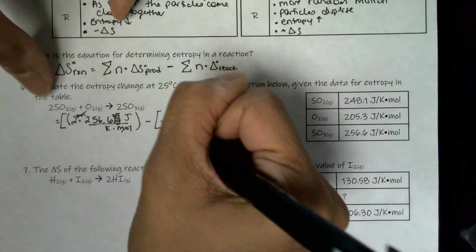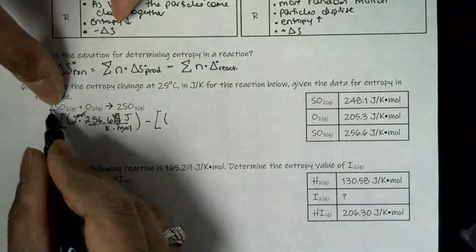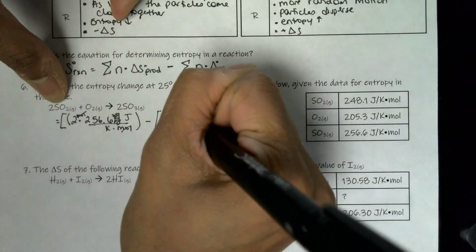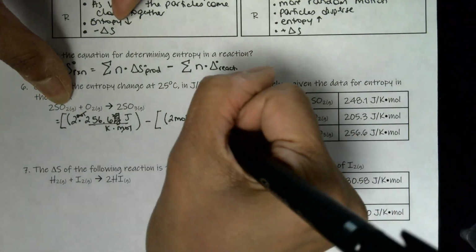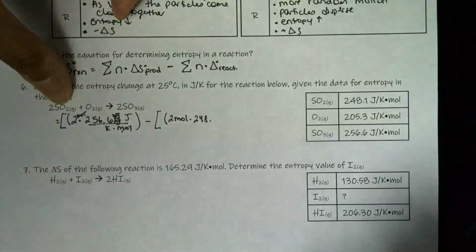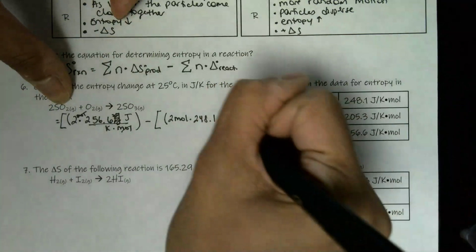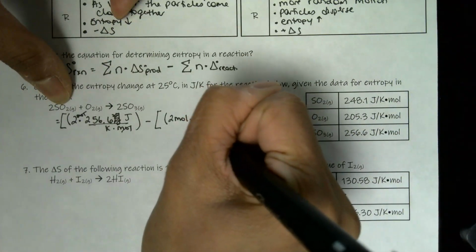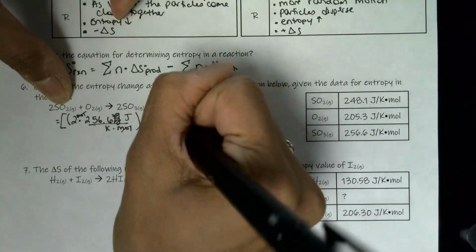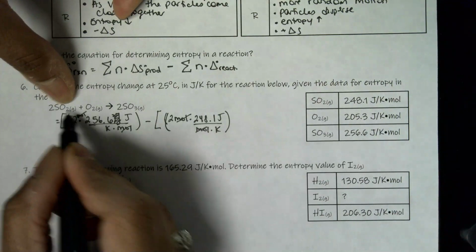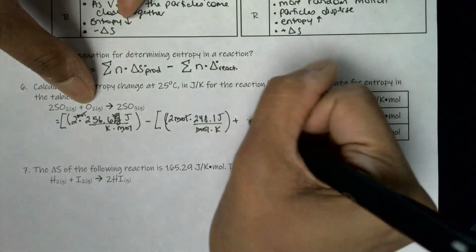2 moles of the SO2. So the SO2 is 248.1 joules over moles times Kelvin, canceling out the moles. That's this part, plus do the same exact thing for oxygen.